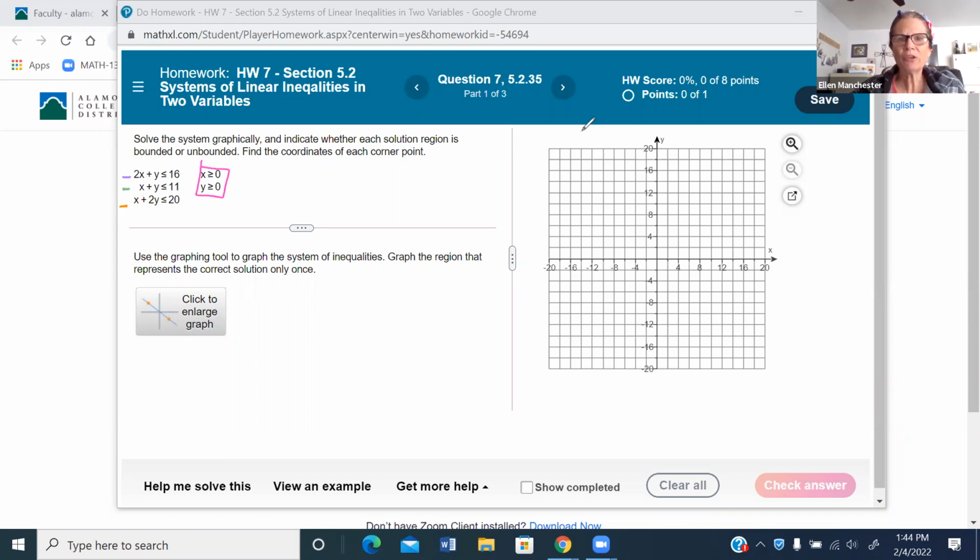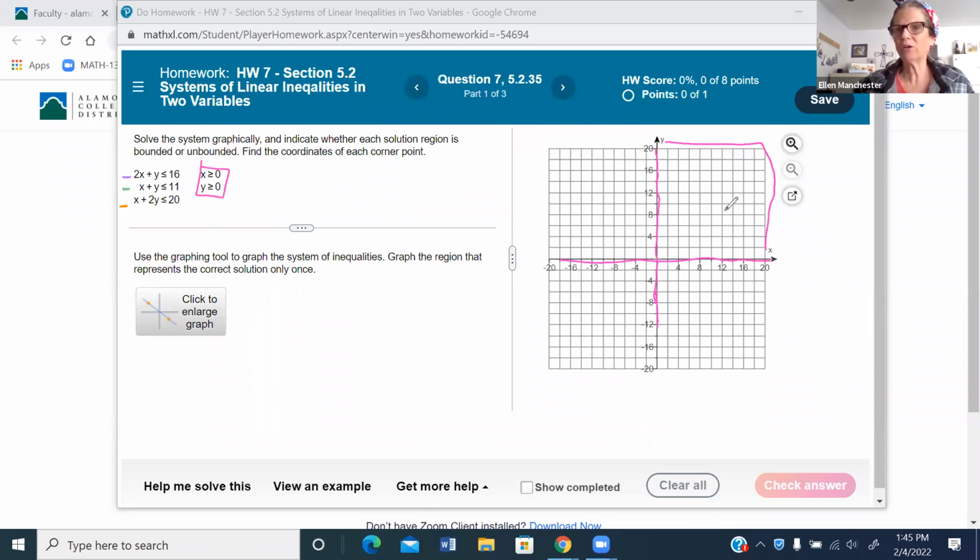Okay, so the first thing I'm going to do is come over here. Always the first thing, I have a solid line because it's greater than or equal to. So this is my X is greater than or equal to 0. This is my Y is greater than or equal to 0. What this does is it isolates into this first quadrant.